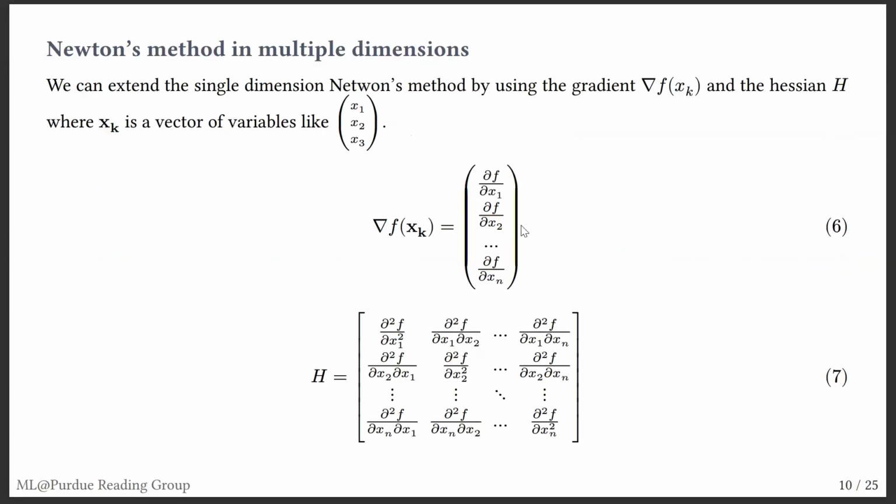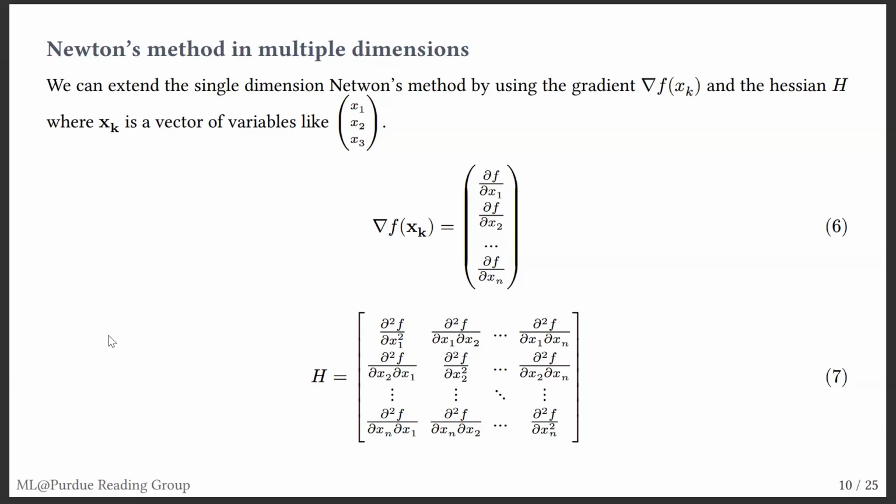And you should see right here your x of k. This is a vector of variables, so this indicates a current state. So if you're in 2 dimensions, that could be 4, -4. If you're in 3 dimensions, you would have x1, x2, x3, like 0, 0, 1, something like that. This is just a linear algebra way of representing this, instead of having the vector every single time, because then things get a little complicated.